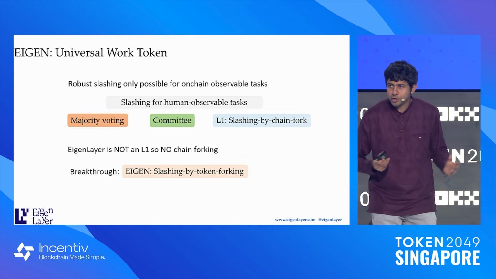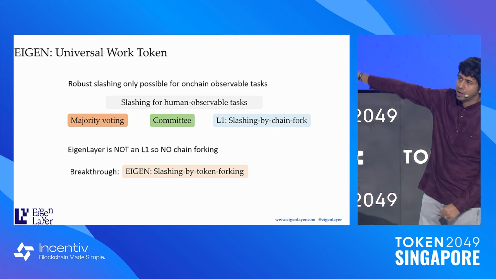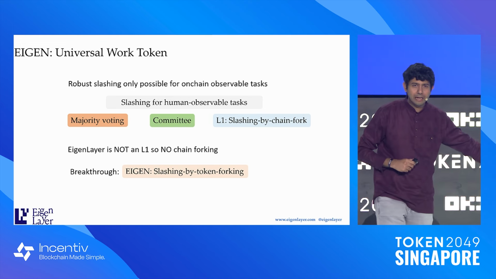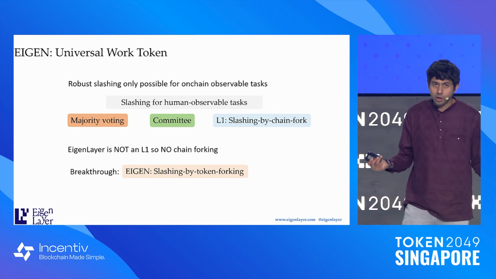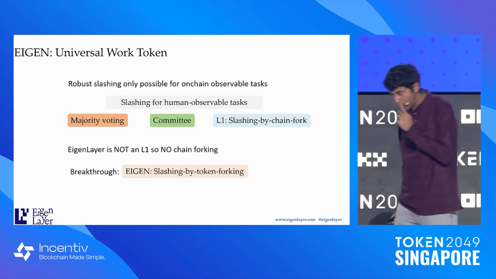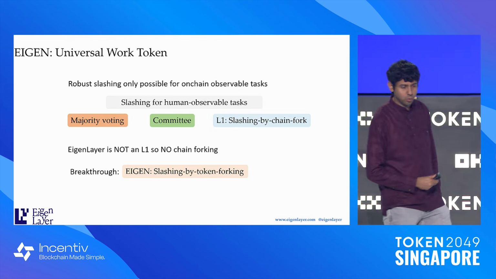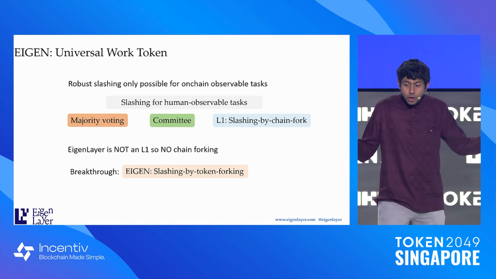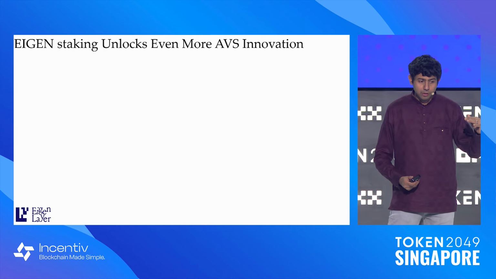But forking the token should not be done lightly, because your token may be on Coinbase, it may be trading on a DEX, it may be in a lending platform. And you want to make sure that all of these work together correctly, even though your token is forking. And that's exactly what the Eigen token does. That's why we call it the universal work token.